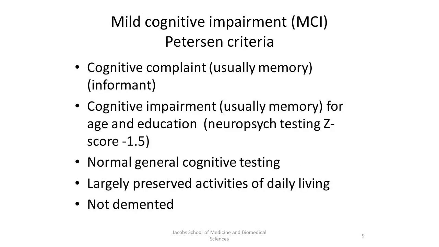So, mild cognitive impairment by Peterson criteria. If you look at this list, cognitive complaint, usually memory. You want also an informant to confirm that. Cognitive impairment, usually memory, for age and education with a neuropsych testing Z-score of minus 1.5 or below.